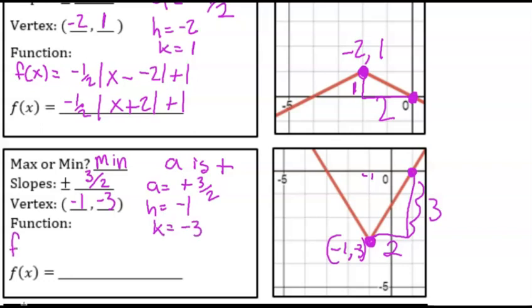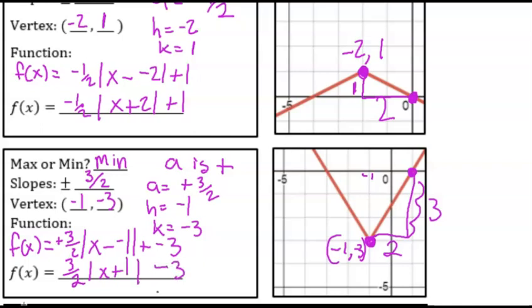So our function will be f of x equals +3/2 times the absolute value of x minus -1 plus -3. And then we'll rewrite that after simplifying the operation signs. We have f of x equals 3/2 times the absolute value of x plus 1 minus 3.